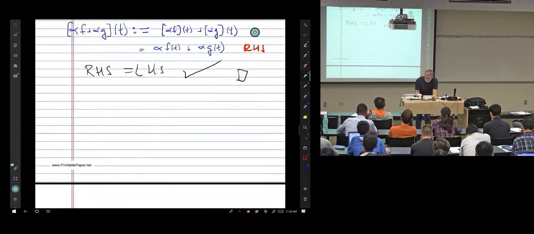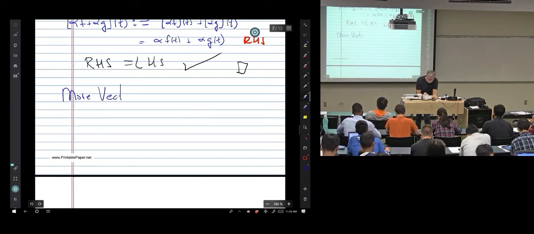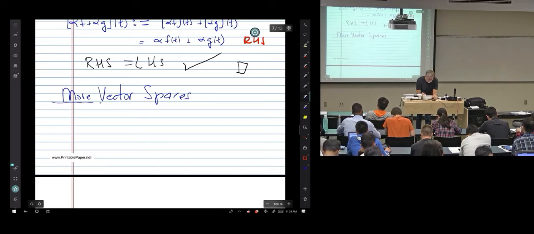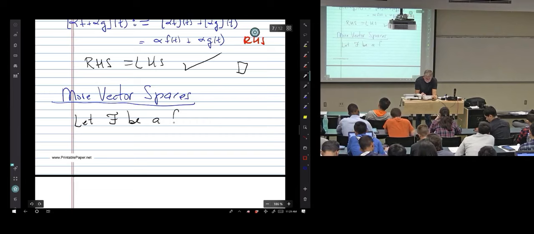Okay, more vector spaces. Let F be a field.